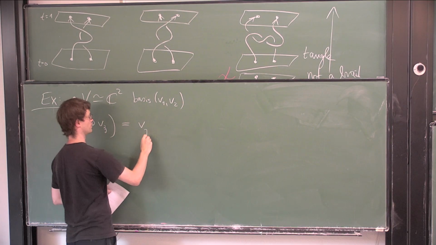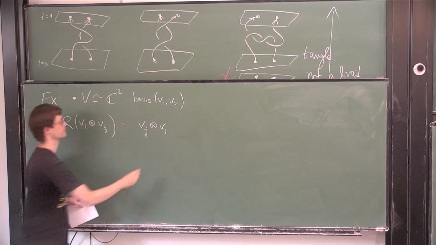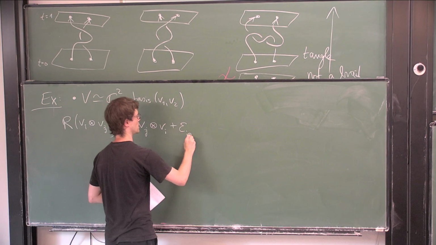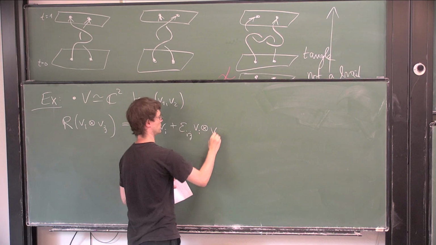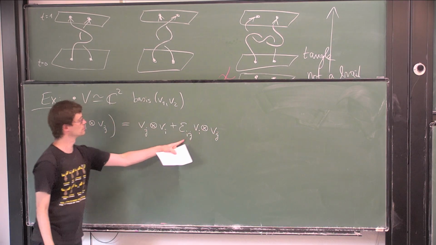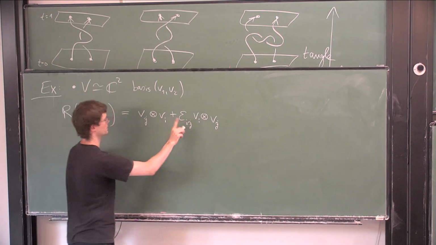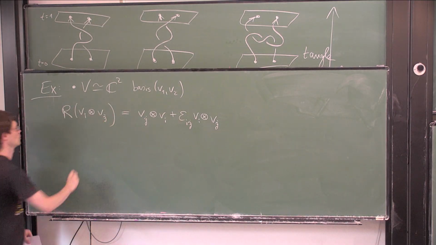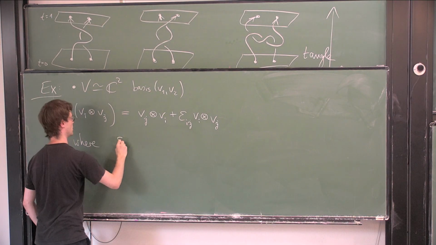So it is a swap. But then you add something. You add actually the identity somehow, but with some coefficient. I'm not summing over i. This is literally ij. And there's this formula for epsilon_ij.